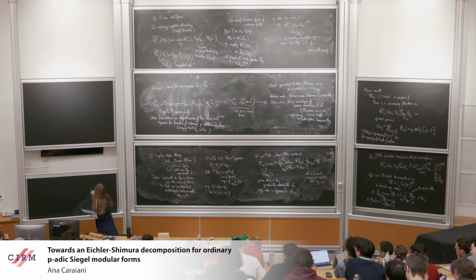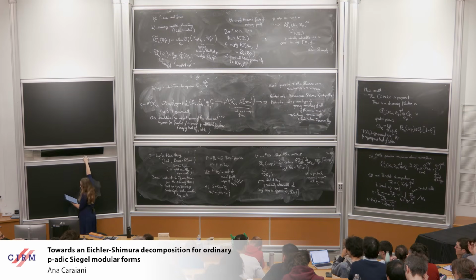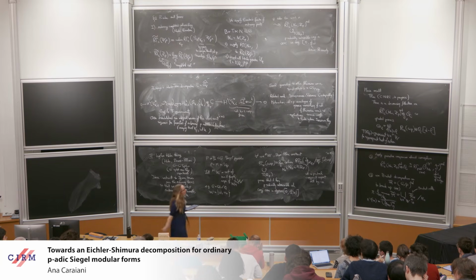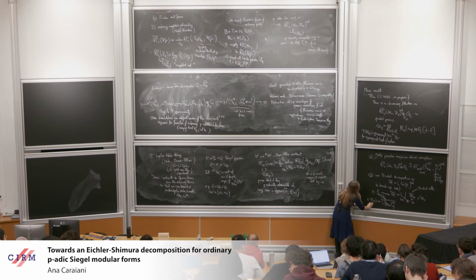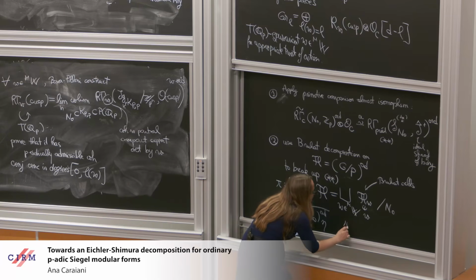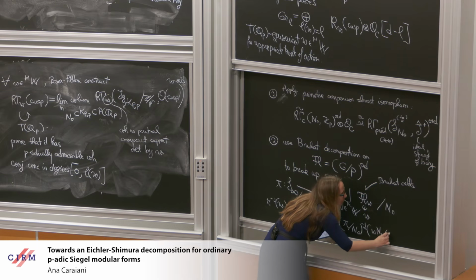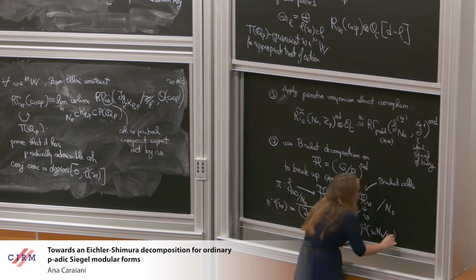That's a great question. At infinite level, if I do pi inverse of W, then no, this ordinary Igusa tower is just induced, and all of these are perfectoid Igusa varieties. But if I were to take pi modulo N0 inverse, say of the coset corresponding to W, then this does depend.